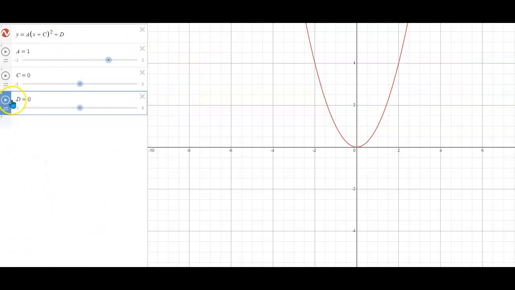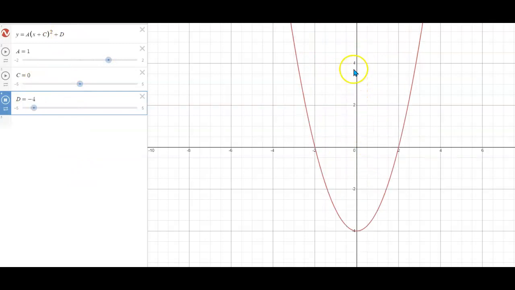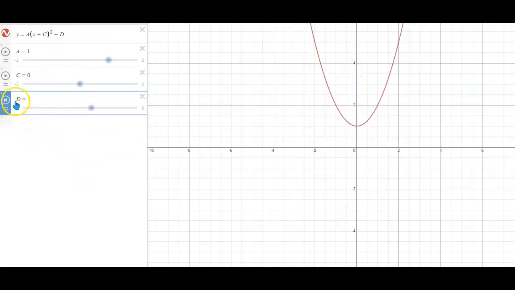I was having to pause to figure out how to get my drawing back. So this is f of x equals x squared. As I start this animation, you can see if I'm adding something, it shifts that base graph up, and if I subtract something, it shifts that base graph down.